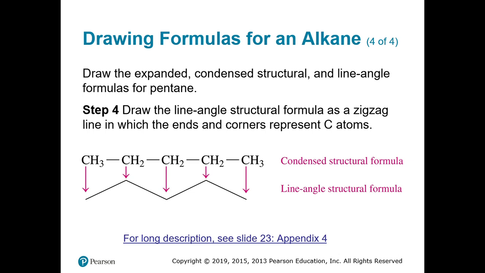How? Each peak represents a carbon atom. So we have 1, 2, 3, 4, 5, 5 carbons, and then CH3, CH2, CH2, CH2, CH3. Because in the line angle formula, the ends have CH3s or 3 hydrogens, and the middle ones have only 2 hydrogens.